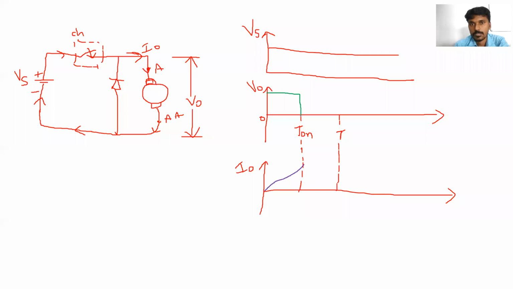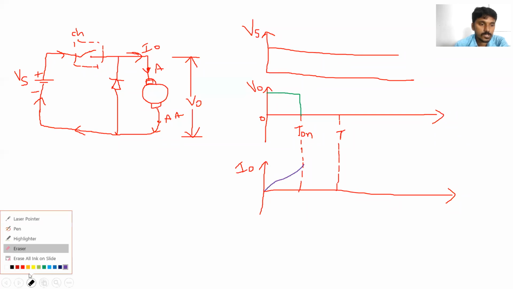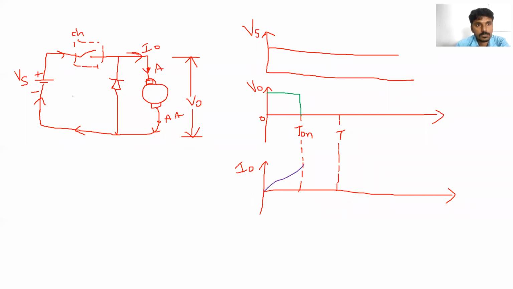Next, during the off period, when the switch is in the off condition, from this point to this point, what will happen? Is any supply applied to the motor? Is the supply connected to the motor? It is an open circuit here. Is it right or not?